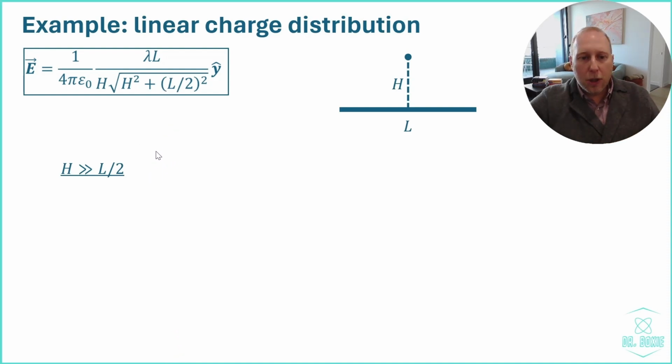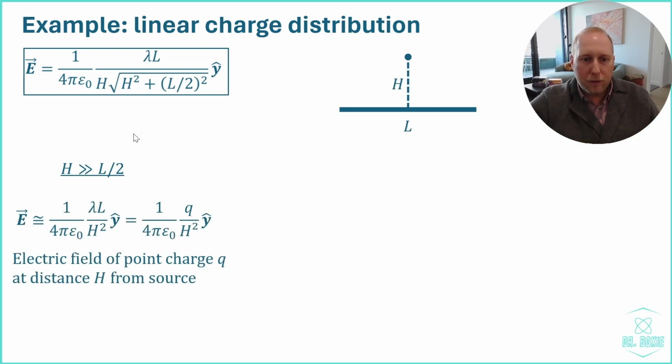If h is much larger than L over 2, then within the square root, we can simply forget about the L over 2. We can neglect it. And we're left with the square root of h squared, which is simply h. That means that we get this expression here, the 1 over 4 pi epsilon remains. Lambda L in the numerator remains, but in the denominator we get an h which was already there, and we get an additional h which came out of the square root.